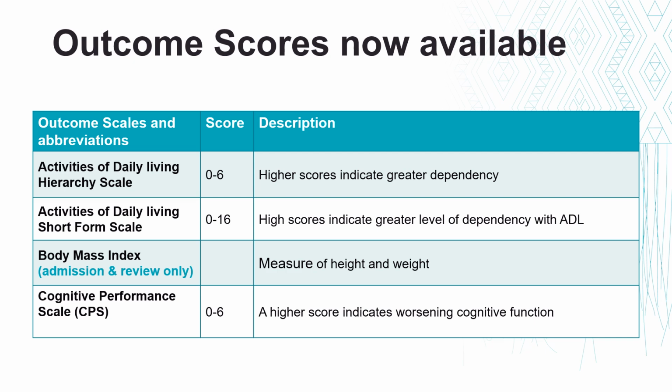The body mass index is used only in the admission and review assessments. It is a measure of height and weight and commonly used to classify levels of underweight, overweight and obesity in adults. BMI does not distinguish between muscle weight and bone density and fat and is only an indication whether a person is in the healthy normative range.